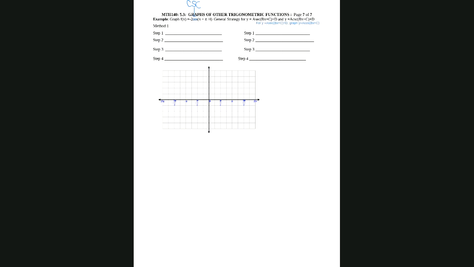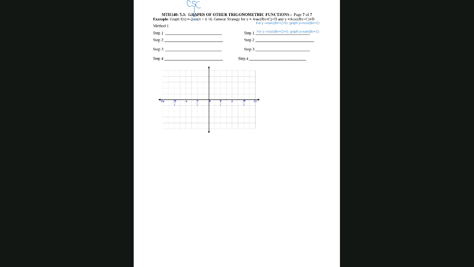And for y equals a times the cosecant of bx plus c plus d, we'll start by graphing y equals a times the sine of bx plus c.